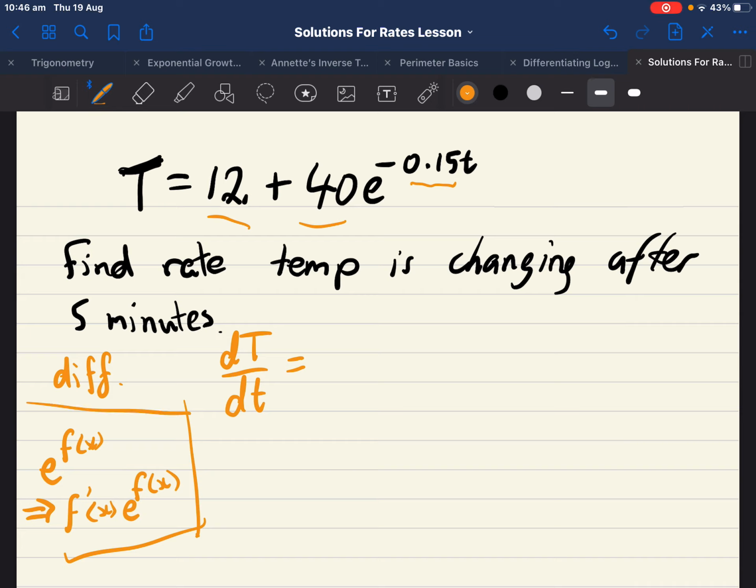So the 12 has vanished, and we end up with 40 times... what's going to happen with this? We end up with a minus 0.15 that comes down the front, e to the minus 0.15t.